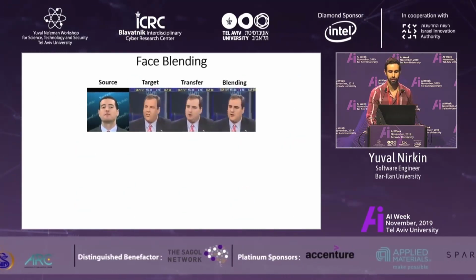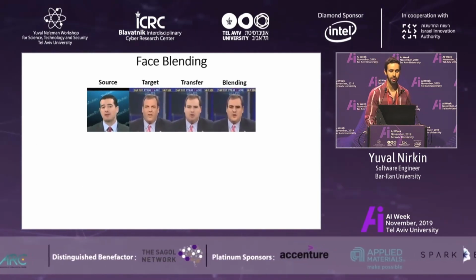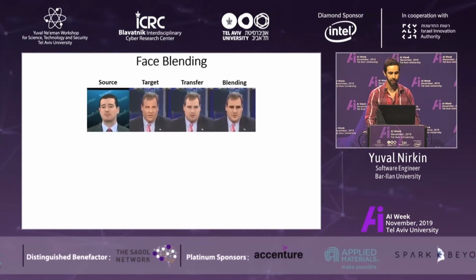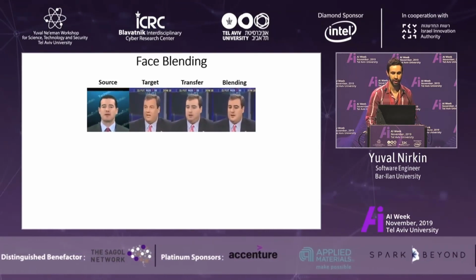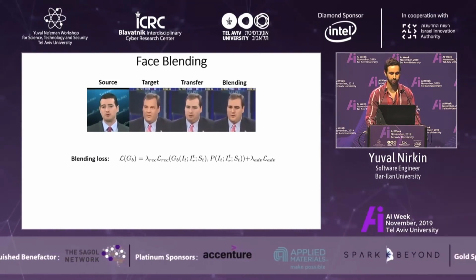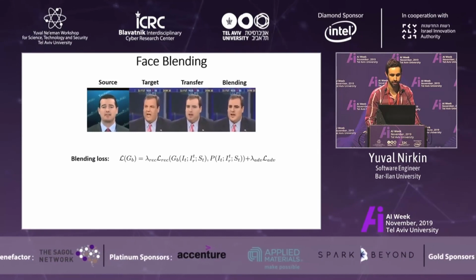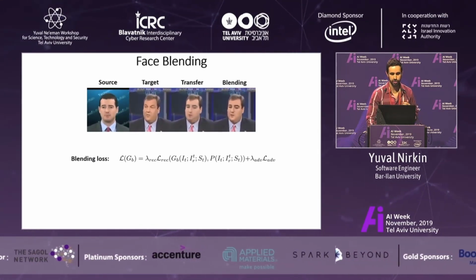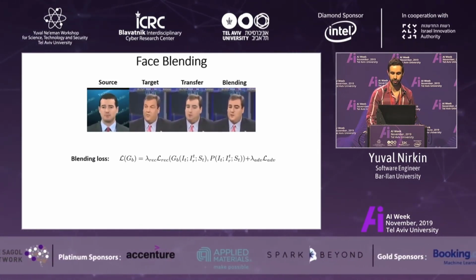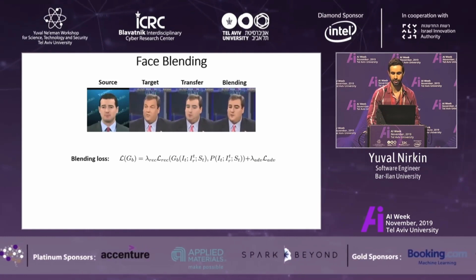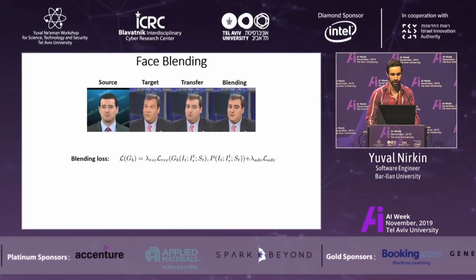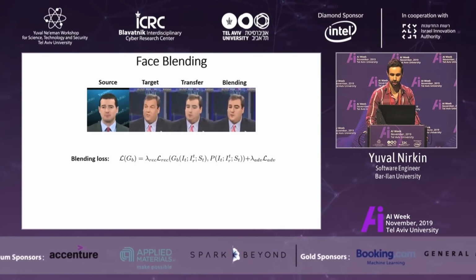The final part of the face swapping pipeline is to seamlessly blend the rendered face with the target face. For that, we came up with the following blending loss for training the blending generator. The input IT is the target image, IRT is the transferred image, and ST is the target face segmentation.